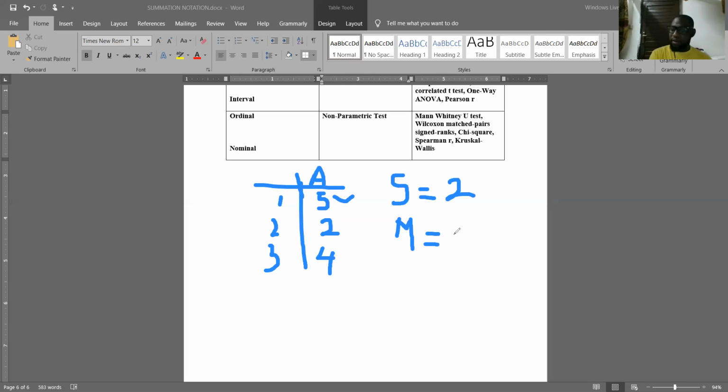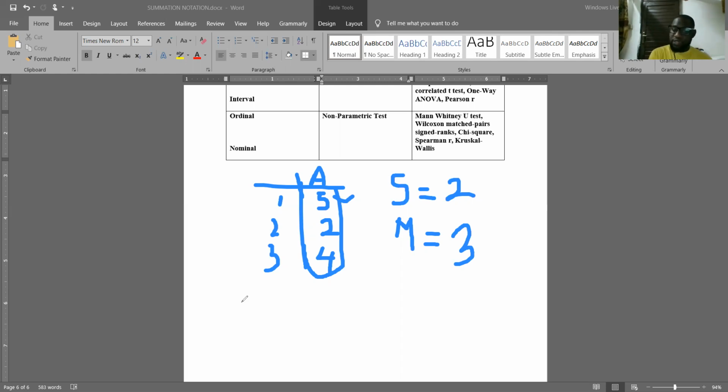Say I had a mean of 3 and a standard deviation of 2. I can be tasked to transform these raw scores, 5, 2, and 4, into z-scores.